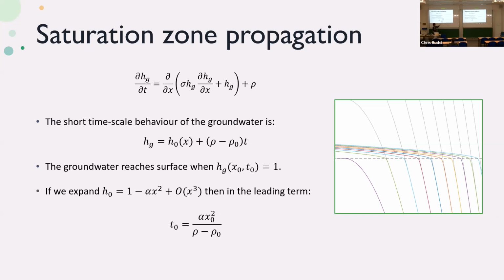Since the shape of the groundwater around this interface initially can be approximated as a quadratic function with no linear term, we can find an analytic expression for the time that is needed for this front to travel a distance x0 from its starting location. So it informs me how quickly the saturation zone will increase with time.